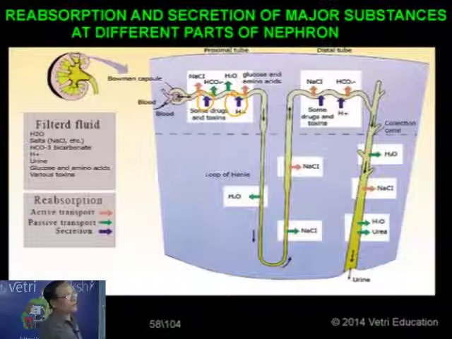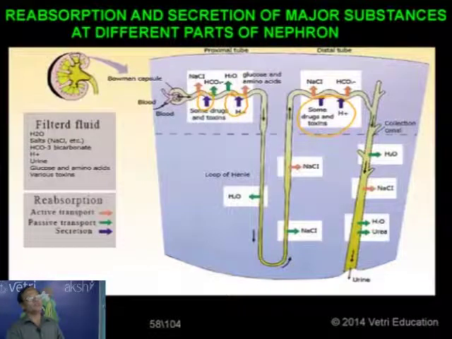Similarly, in the distal convoluted tubule, some drugs, toxins and hydrogen ions are being secreted. So these are all the materials which have escaped filtration. Mostly hydrogen ions, potassium ions, ammonia, along with drugs and toxins, are secreted actively by the epithelial cells at different parts of the nephron, particularly in the PCT and DCT.